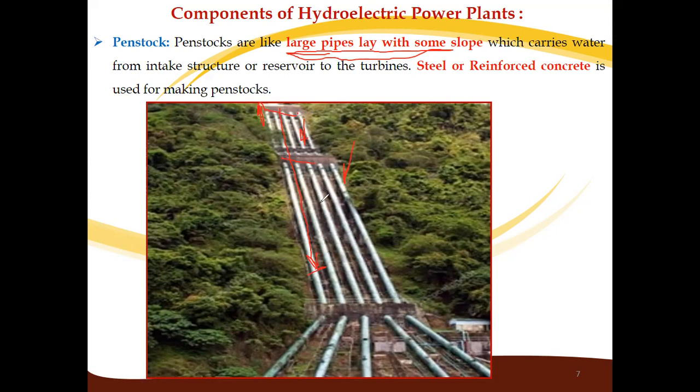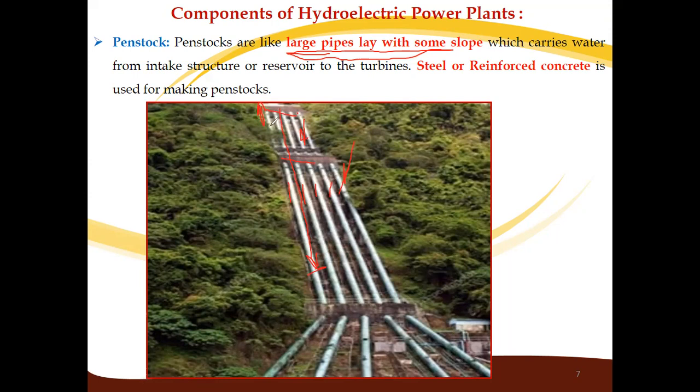If the length is very small, a separate penstock is used for each turbine. So if there are a number of penstocks, every penstock has a separate turbine. Similarly, if the length is big, a single large penstock is used, and at the end it is separated into branches.